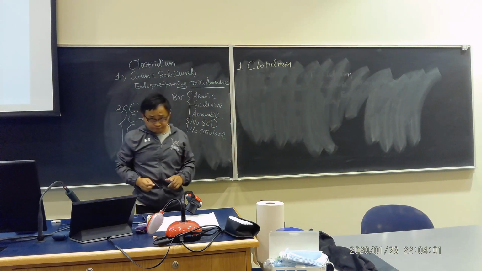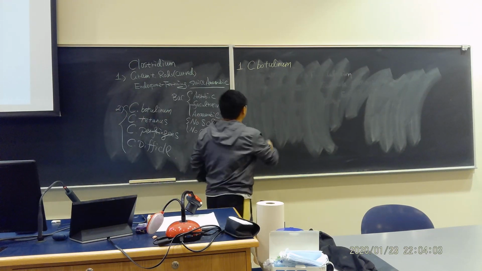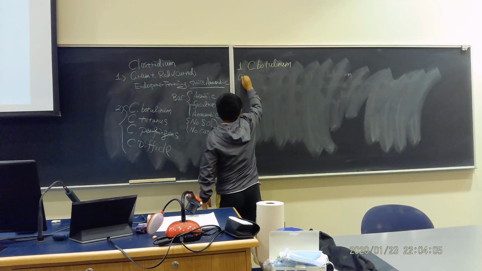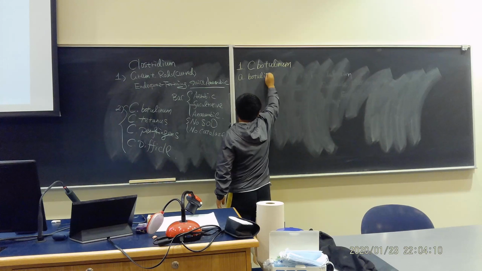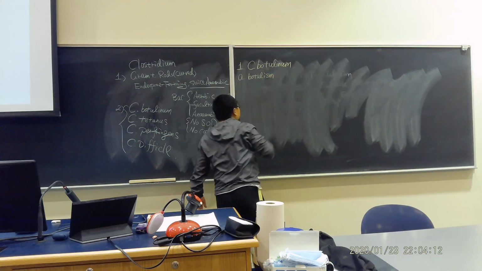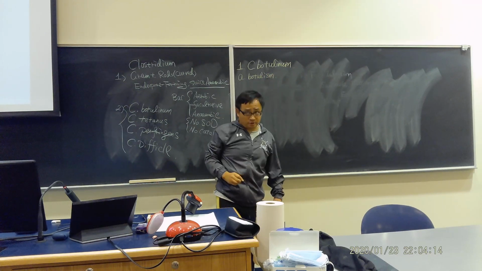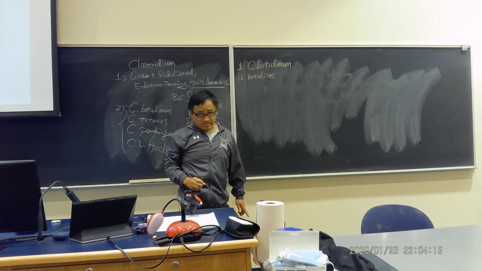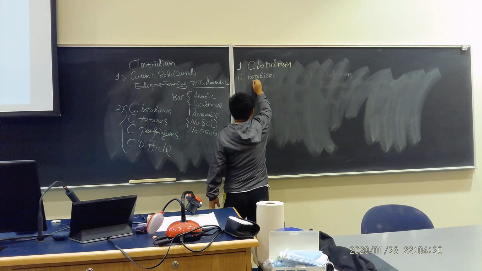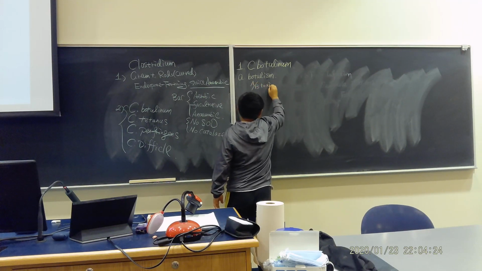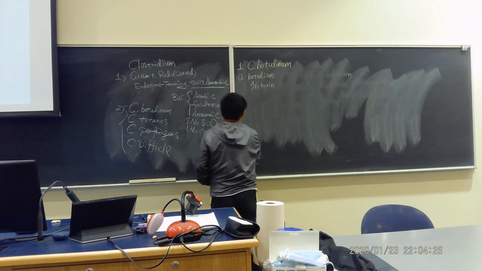Clostridium botulinum, we also call it botulism. It will cause a problem called botulism. What is botulism? There is a toxin that comes out, which is also an AB toxin. Sorry, I messed it up here.